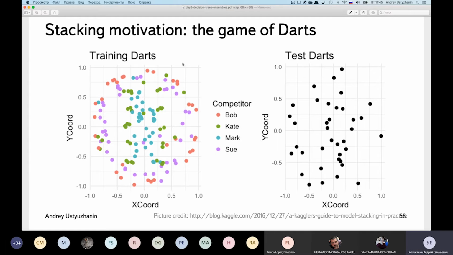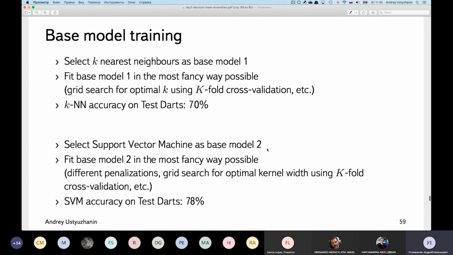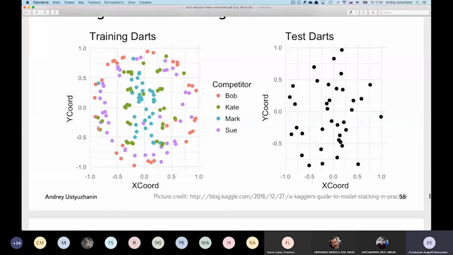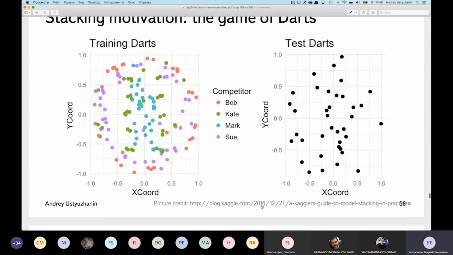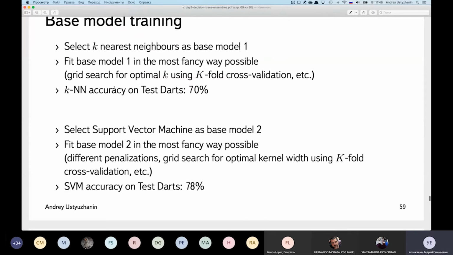So you have a training sample and a testing sample on the right. Here is the link to the paper or the blog post that describes how to combine two algorithms together. The first one is K nearest neighbors, and the second one is support vector machine.